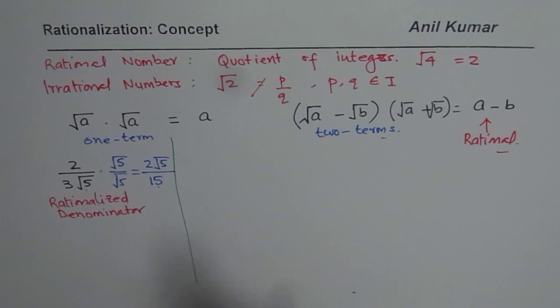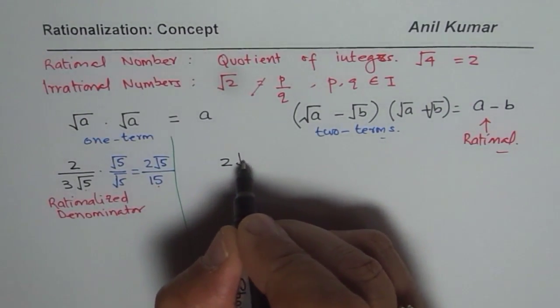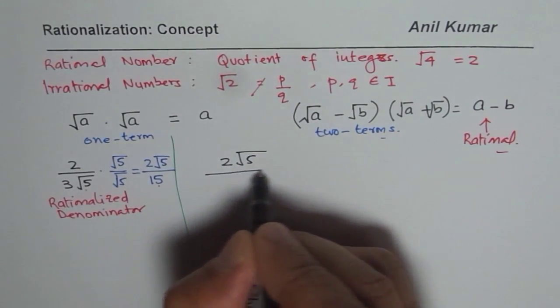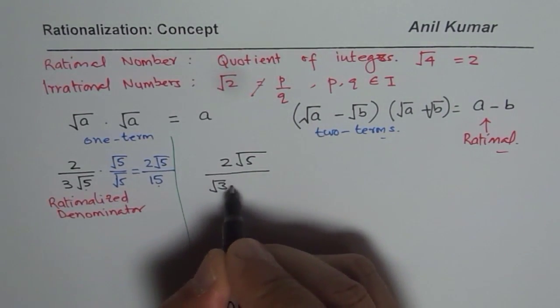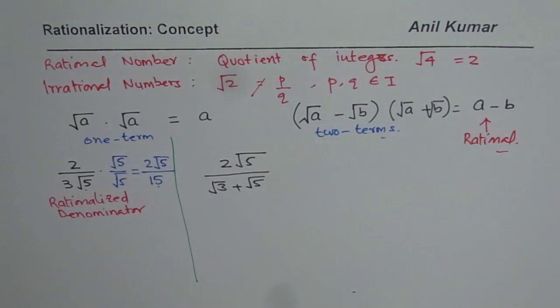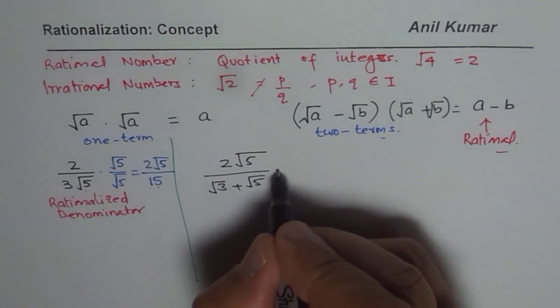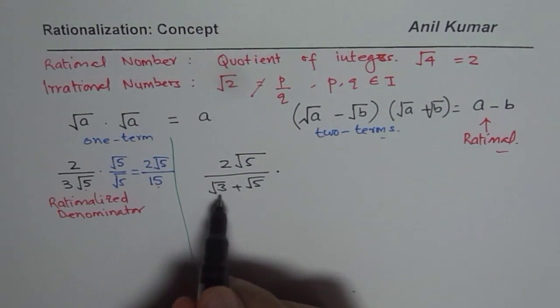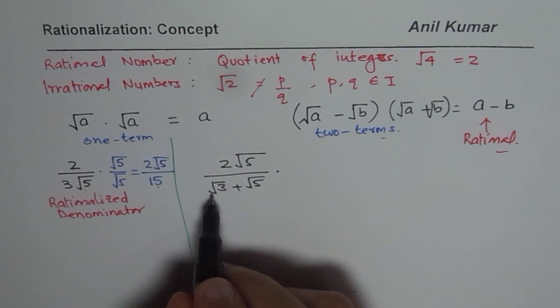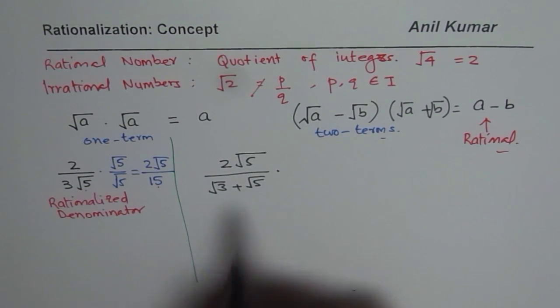Let me take another example. Let's say we have 2 square root 5 divided by square root 3 plus square root 5. Now the denominator here again is irrational. To rationalize, I can multiply by its conjugate. The conjugate is the one which when multiplied by this will rationalize it, okay?